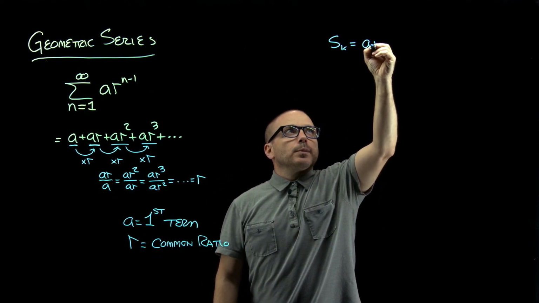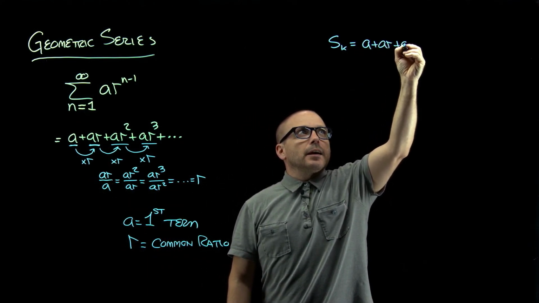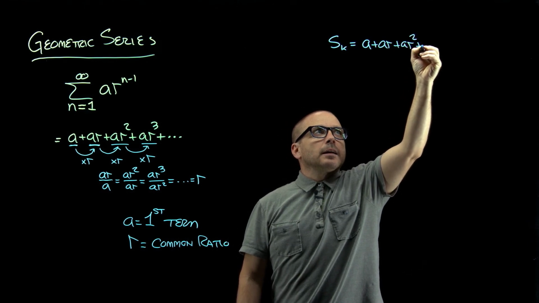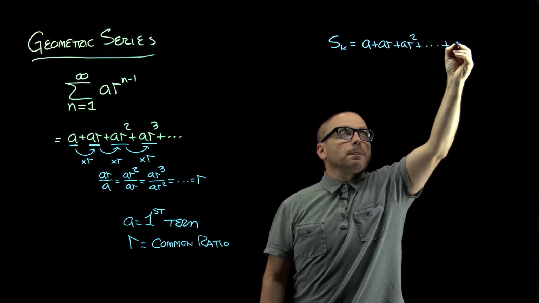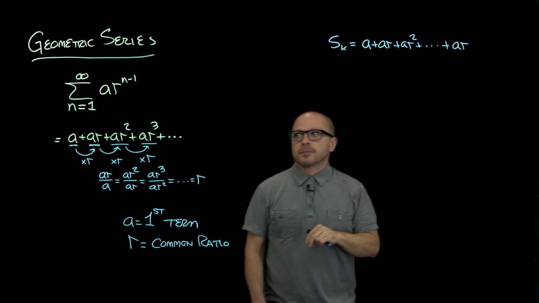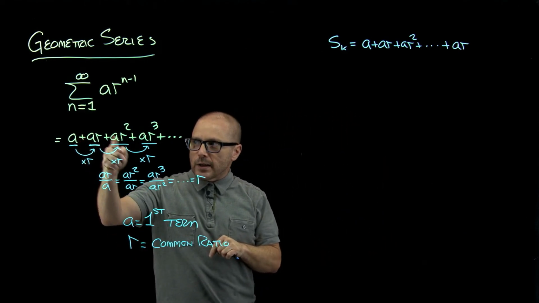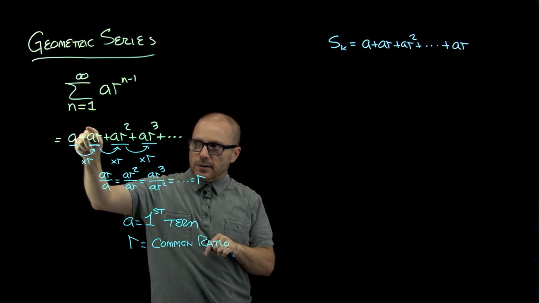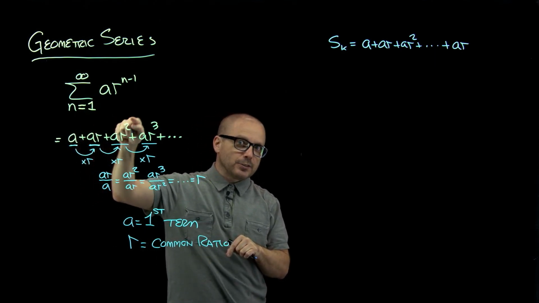you get a plus ar plus ar squared all the way up to, now let's think about what that last degree is going to be. The degree is always 1 less, right? The first term has degree 0, second has degree 1, third has degree 2.